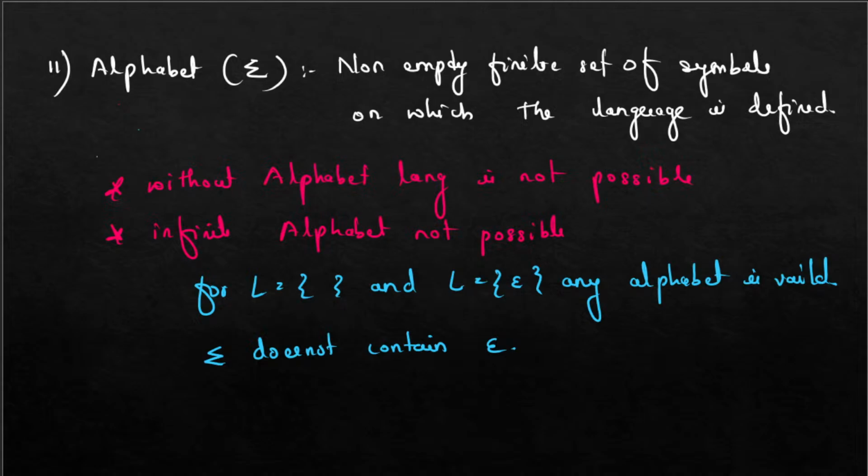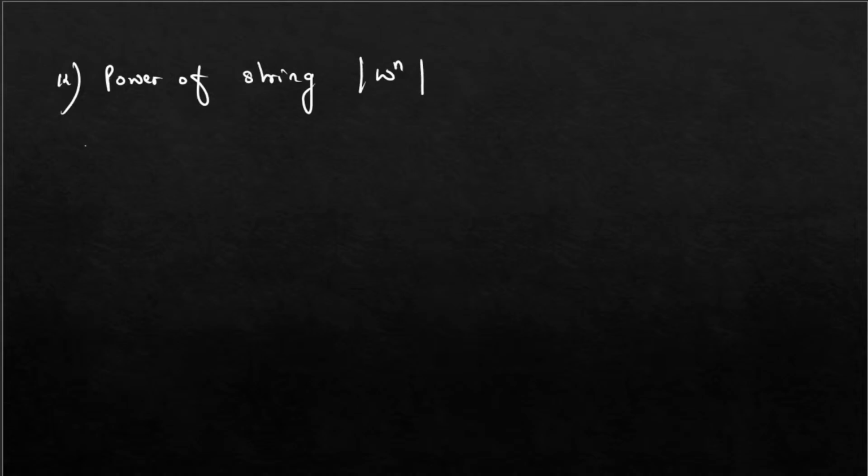Okay. Now let's understand what is power of strings. Twelfth is power of string. So what is power of string? W^n, where n belongs to Z plus, okay, which means a positive number, right? If w is equal to abc, then what is w^0?